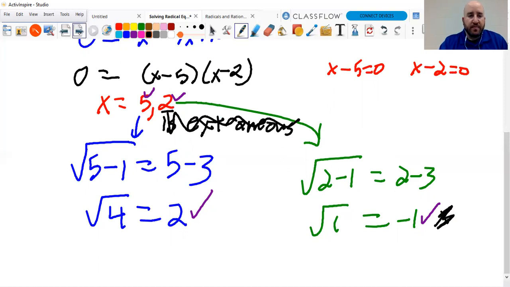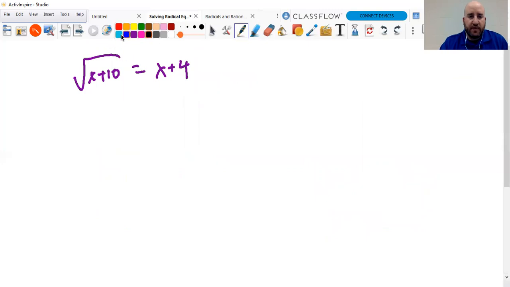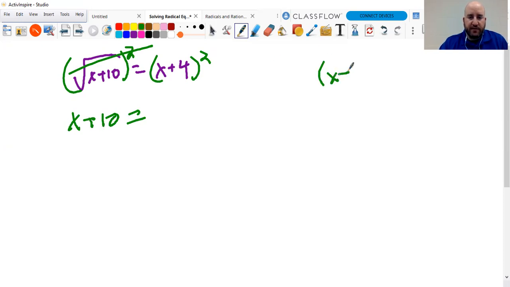Okay. All right, next problem like this. Square root of x plus 10 equals x plus 4. We're going to pick up the speed a little bit. Square both sides. X plus 10 on the left. I do x plus 4 times x plus 4.